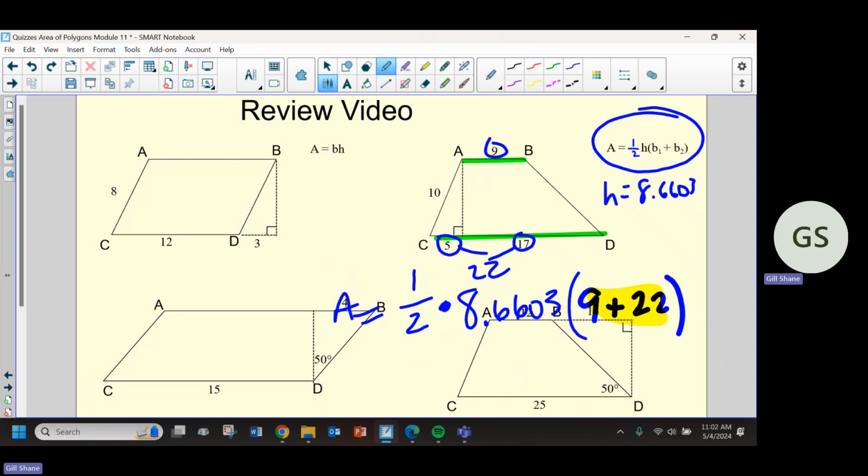If you do it as 1/2, it's the ABC button, 1 ABC 2, and then just times 8.6603 times 31. Just be careful about trying to put it all into the calculator at once. If you don't know how to use a calculator, that's not going to work. All right, so there's your other answer.